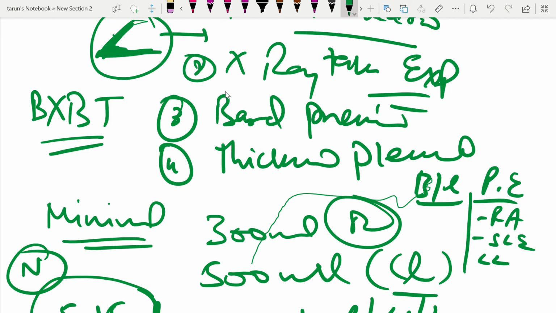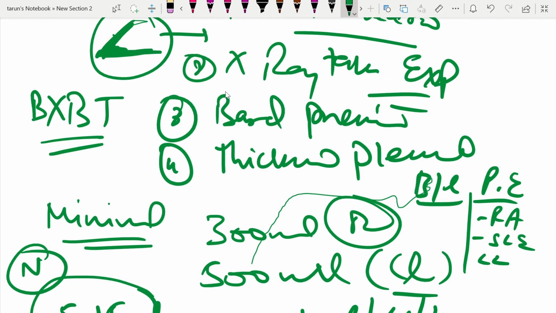Then bilateral tuberculosis, then pulmonary infarction, then multiple pleural metastasis. Remember, hydrothorax is usually bilateral.